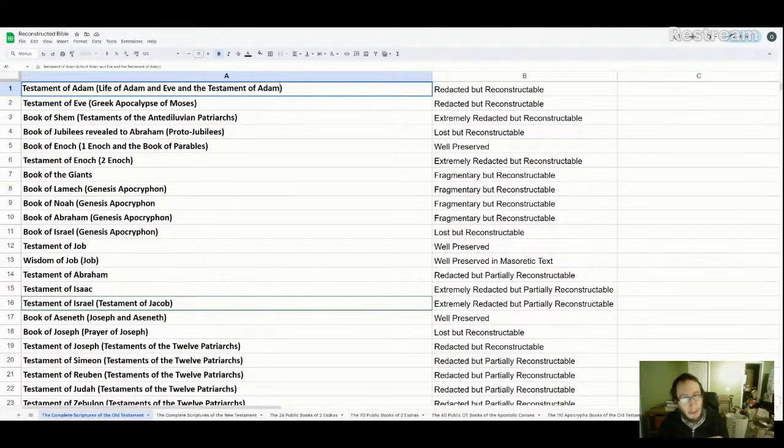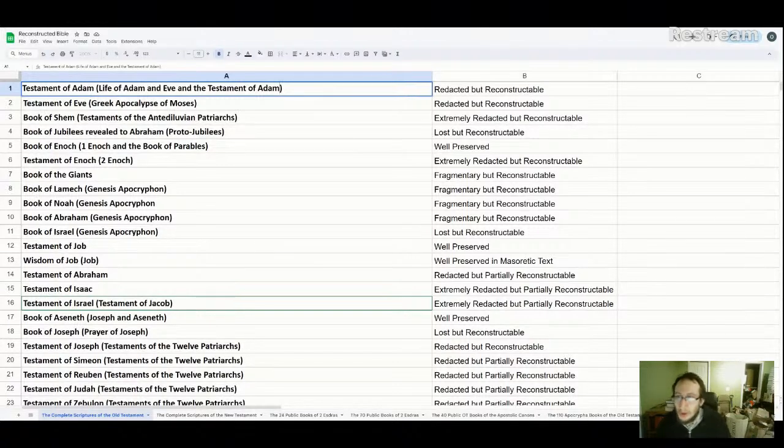And what's amazing about the Apocalypse of the Magi is that the quotes from the Testament of Adam are much less Christian sounding. They have a lot more archaic sense to them. So I believe also the portions quoted in the Apocalypse of the Magi are authentic portions of this lost Testament of Adam.